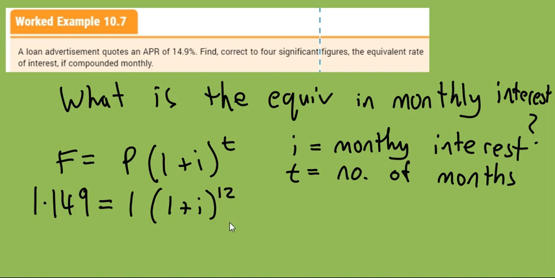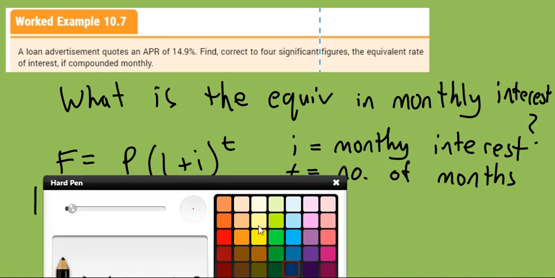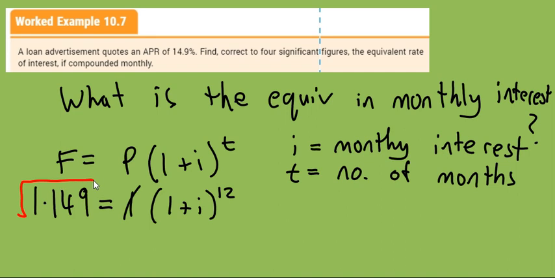So now it's back to what we did before. The 1 can go. How do we get rid of the power? We take the root 12 of both sides. So root 12 and root 12 go, and we're left with 1 plus I here and 1.012 here.